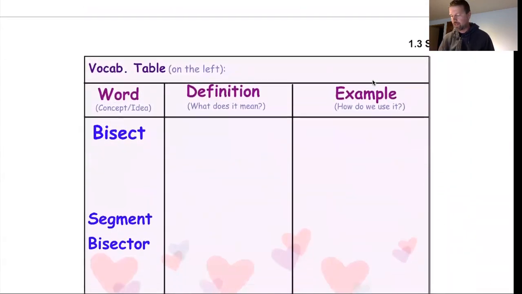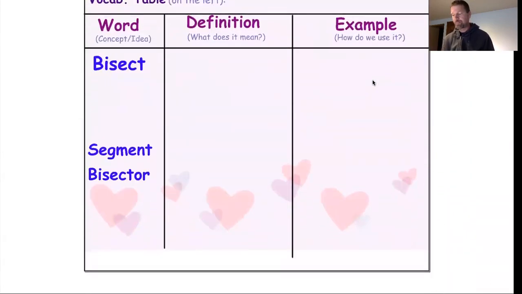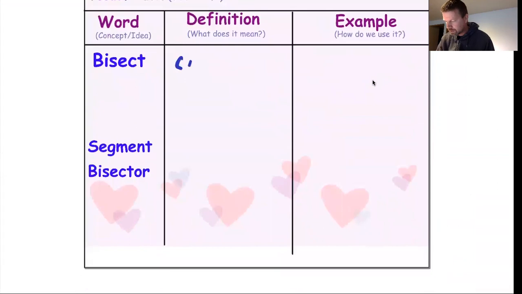A couple other definitions. Bisect, we're not going to talk about these a lot today, but bisect just means cut in two, or more especially cut exactly in half.